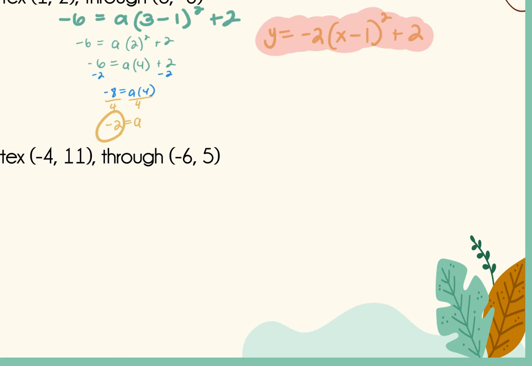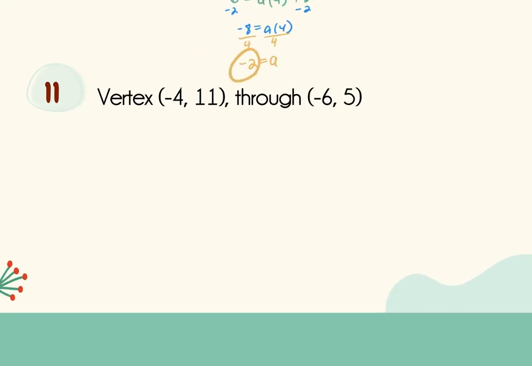All right, we're going to do it one more time. So vertex is h, k, coordinate point is x, y. y equals a(x minus h) squared plus k.